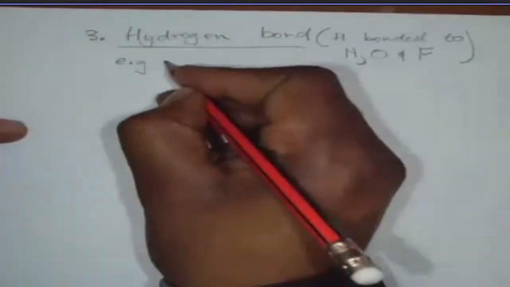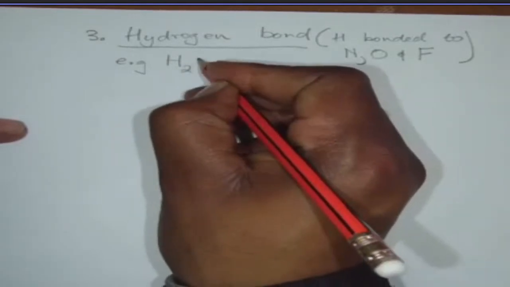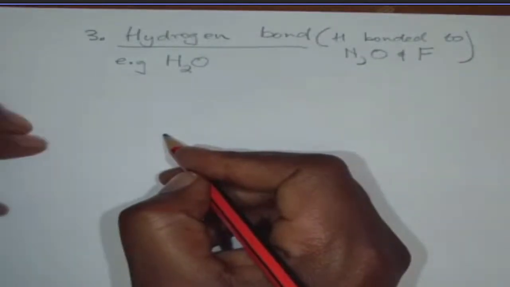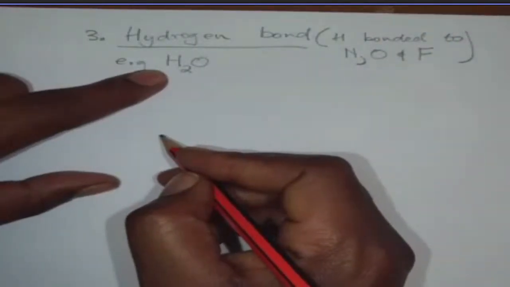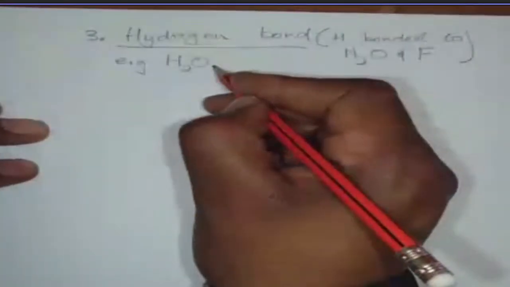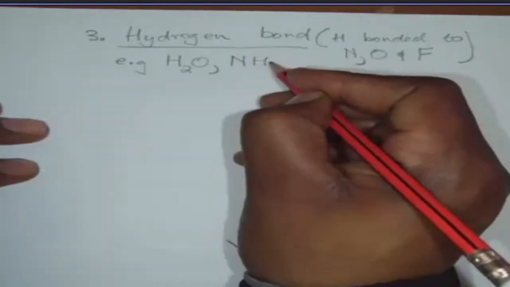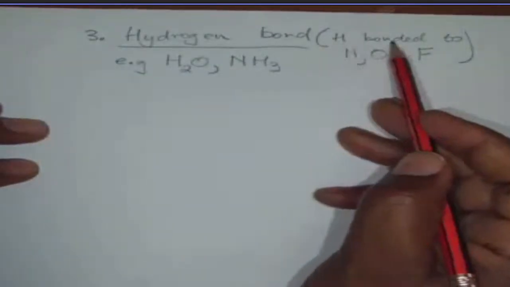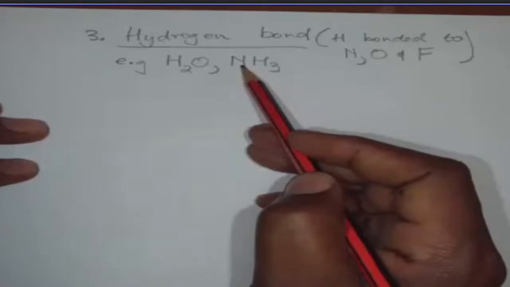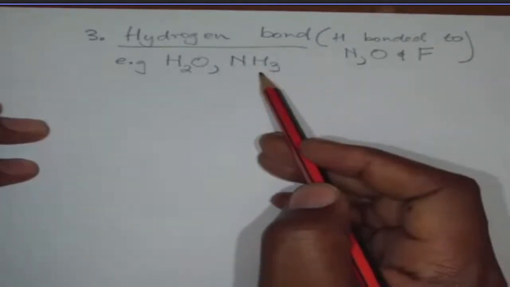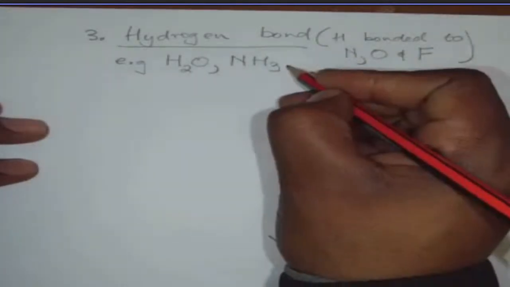An example, I'm having H2O, so the type of intermolecular force is hydrogen bond. Then if I'm having NH3, because this hydrogen is bonded to nitrogen, definitely this is going to be the hydrogen bond.